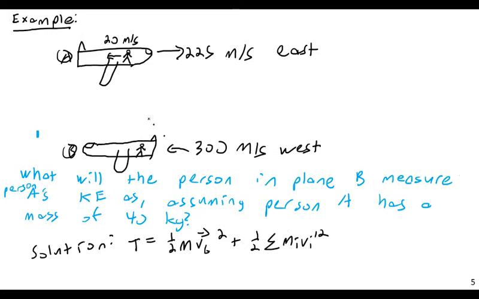For person A, the v_i prime is basically going to be in the reference frame of the airplane. So it would be 1/2 times 40 kilograms, that's not going to change, times the velocity of g. This is going to be the overall velocity of plane A relative to B, because I'm considering the entire plane A to be the reference frame that this guy is moving in.